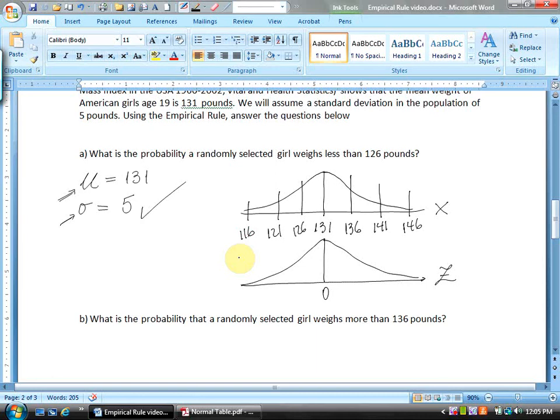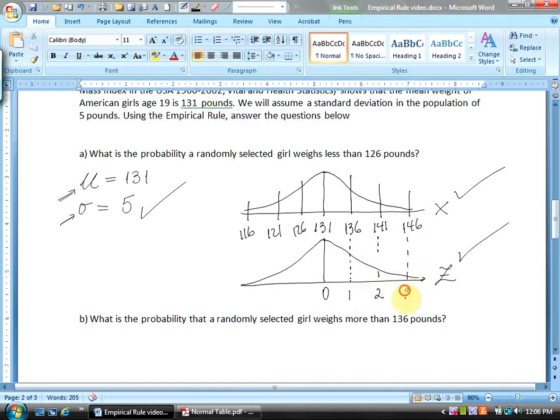Now, the best way for you to remember this is that for every number on the X number line, there is a corresponding number on the Z number line. So you just do this. You draw a line straight down and mark 1. Okay? This is the first standard deviation to the right. Line down, mark 2. Now you went 2 standard deviations to the right.